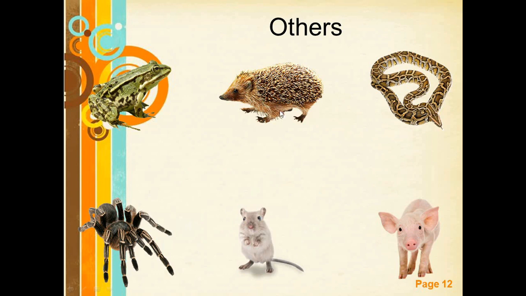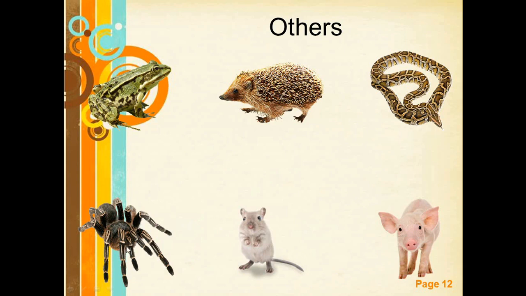Next, this one here, this is a hedgehog. Hedgehog. A hedgehog is quite a popular pet in South Korea, although in Europe we more commonly find them in the wild. This animal here is a snake. A snake. This kind of snake is a python. Python.